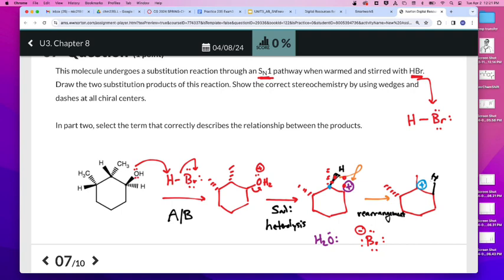Can I do another rearrangement? Isn't there another hydrogen over here? Couldn't I have moved that blue hydrogen? Say again? If I did that rearrangement, what would I result in? Another tertiary carbocation.